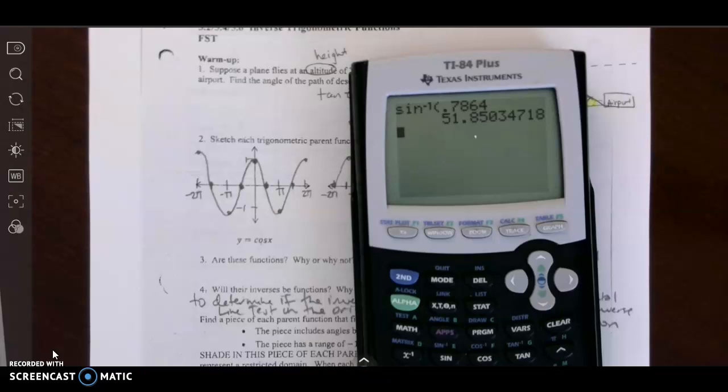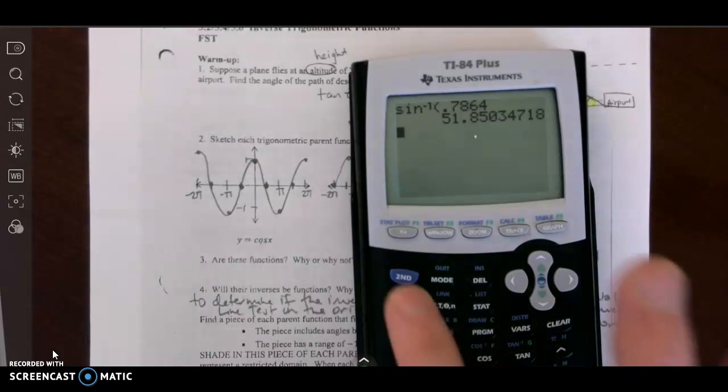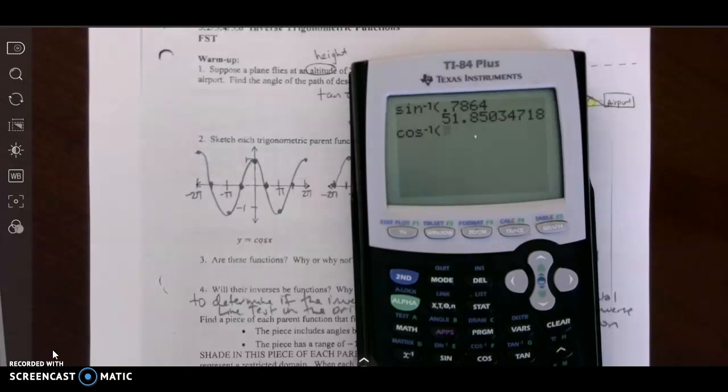Which makes me think, well, somehow it's a function, because why didn't we get all different answers? Let's try inverse cosine. Let's do the same one, 0.7864. 38.15. Huh. Did you get 38.15? Let's go to second tan. Now, tangent can be any number.